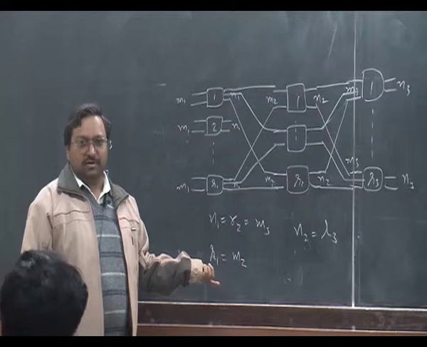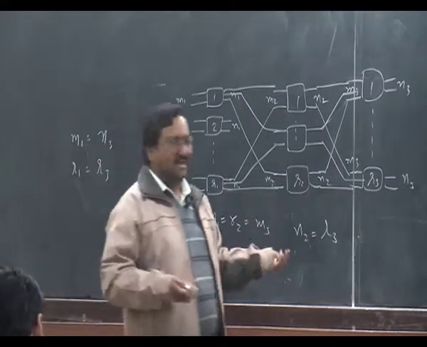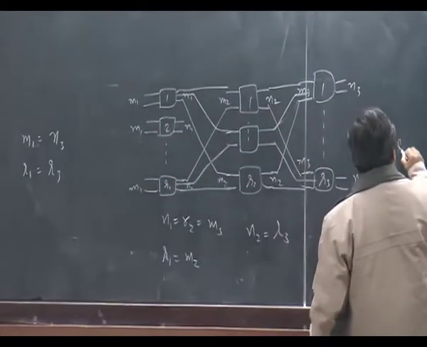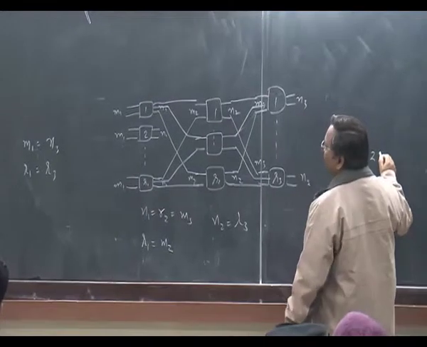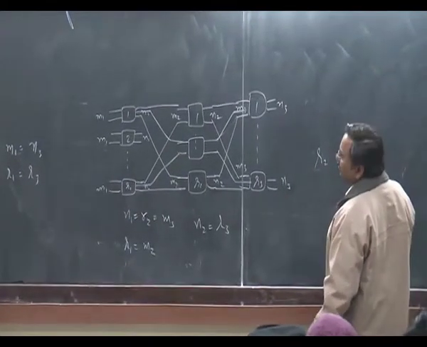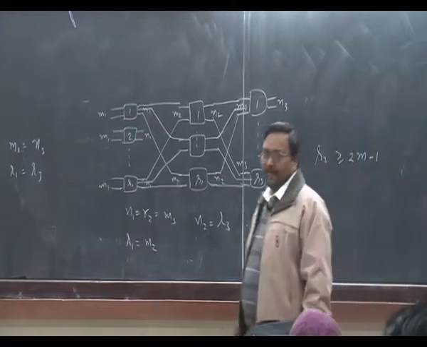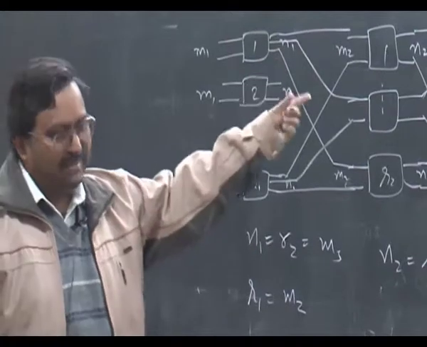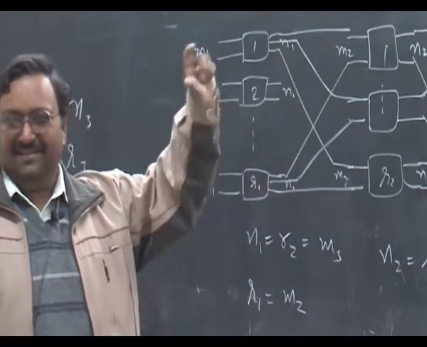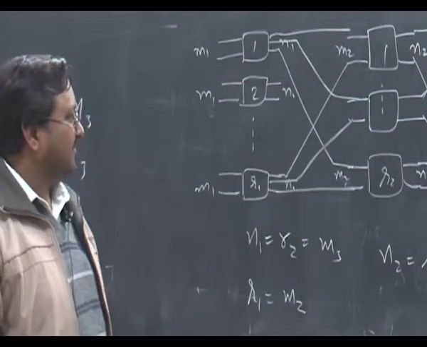That was the case which we took. And intuitively I gave a proof that R2 has to be greater than or equal to 2 into (M minus 1) for the switch to be strictly non-blocking. Formally there is actually a minimum of something, it has to be greater than or equal to that. We will come to that later on.